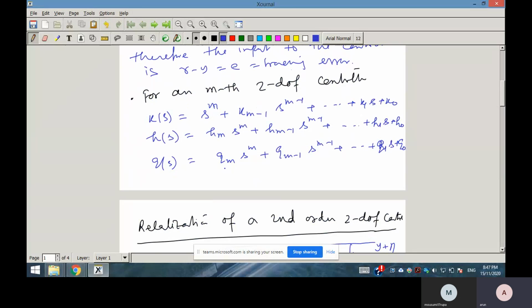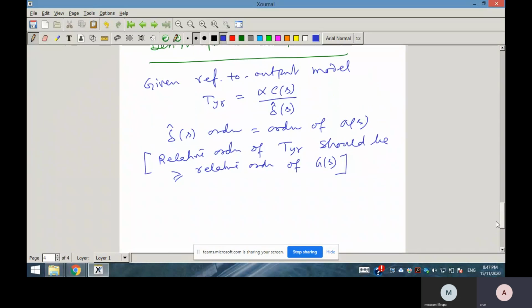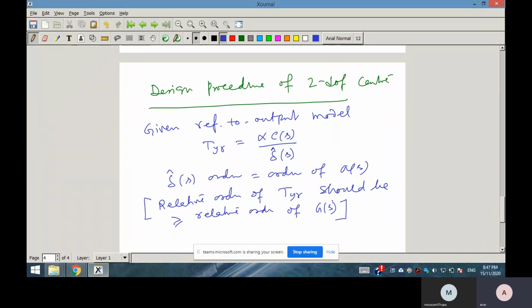So the degree of QS should be less than or equal to M. Here, to have full flexibility, I have chosen M. The TYR transfer function relative order should not be less than that of GS.